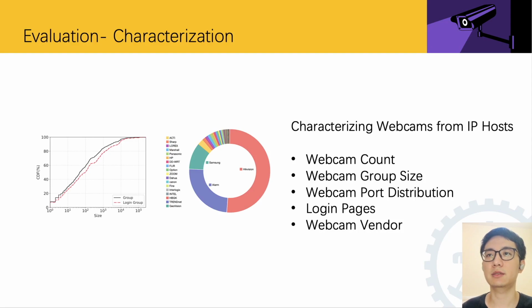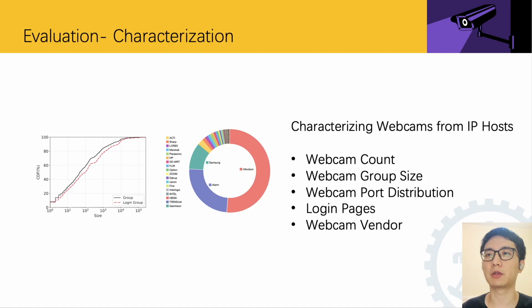The census HTTP raw dataset contains 63 million packages from the IPv4 space. After pre-processing, we obtain more than 8 million packages. Then we run the SVM classifier to determine whether a packet belongs to a webcam.